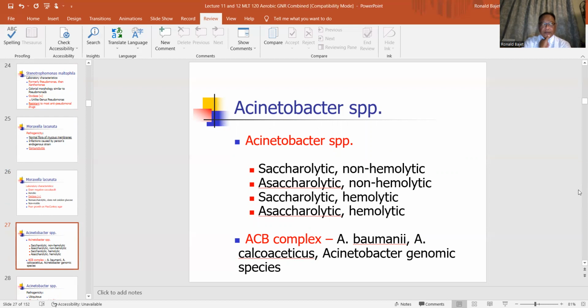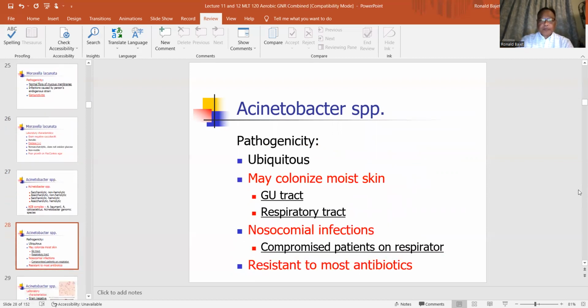It's just that there are different categories of Acinetobacter species. The ACB complex stands for Acinetobacter calcoaceticus and Acinetobacter genomic species. I'm not going to test you on these complicated subspecies and the ACB complexes. It's just the different characteristics of this type of organism.